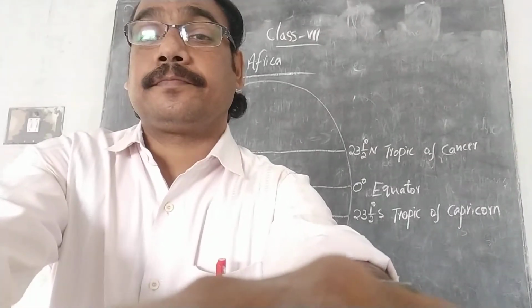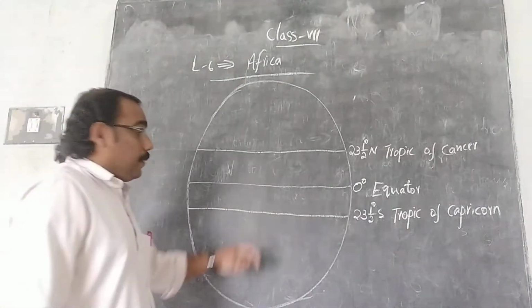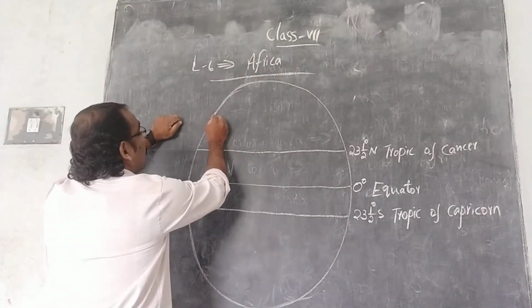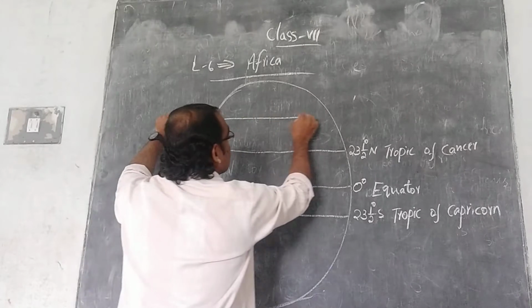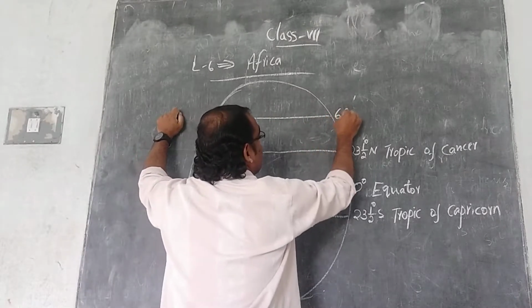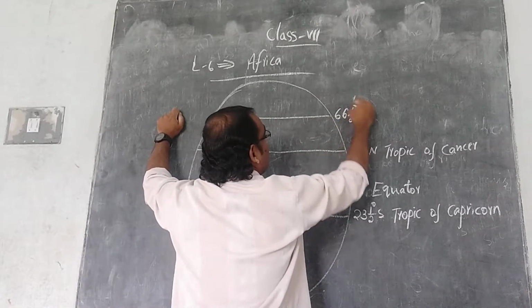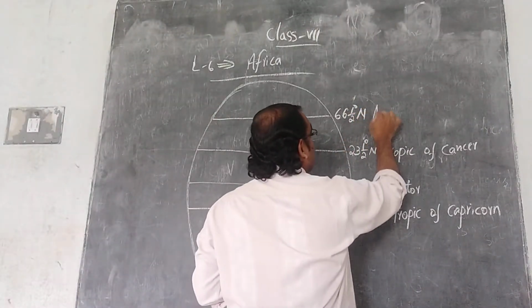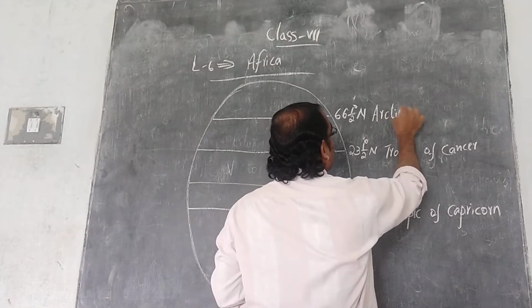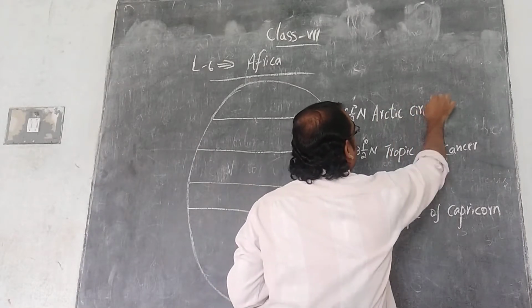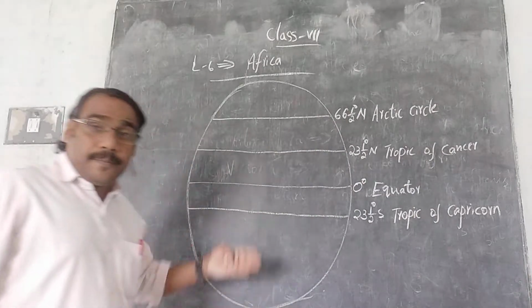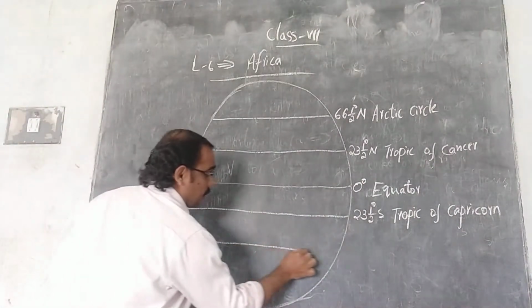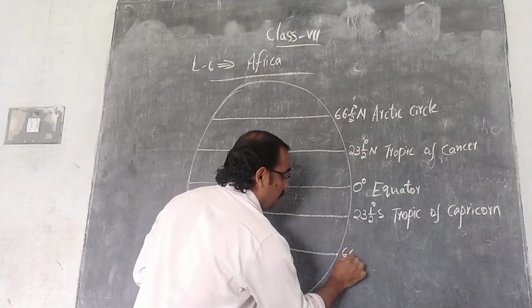Its name is Tropic of Capricorn. Clear? Okay. Again, we go to the north of the equator. This is 66.5 degree north. Its name is Arctic Circle. Same way, on the south of the equator also we have 66.5 degrees south.